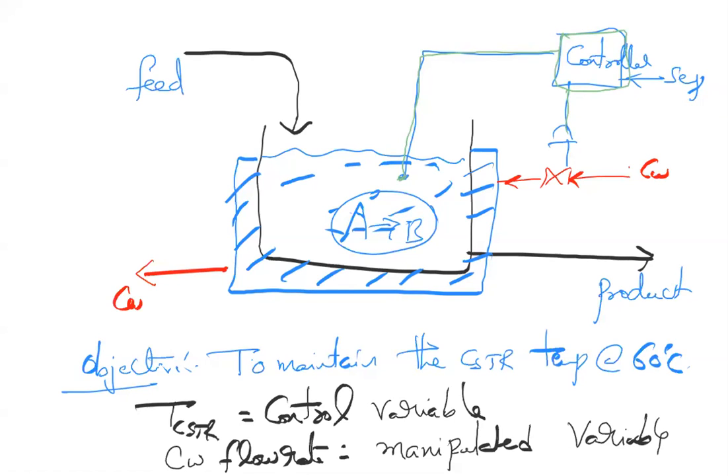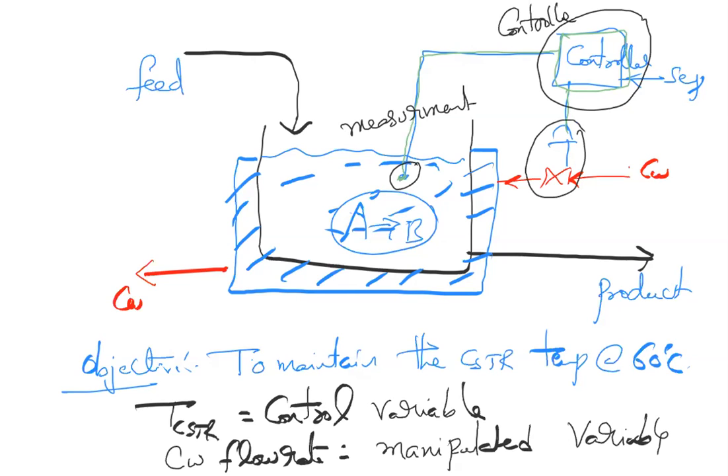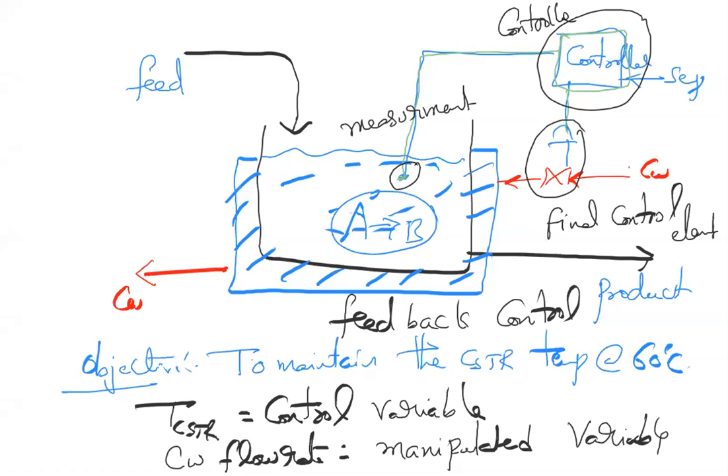So what are the elements that you have? This is a measurement. This is the controller. This final valve is called the final control element. So what are the elements of a control loop? This is a feedback control basically. Whatever you are studying is a feedback control.